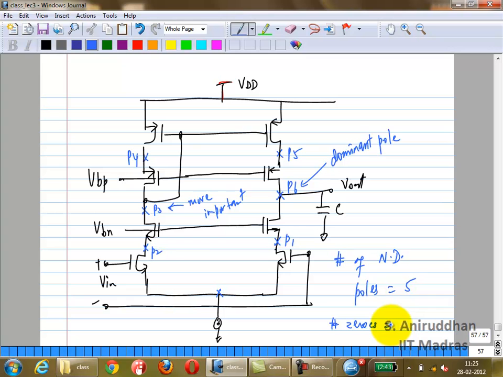Okay, let's come back to the question. How many zeros do you have? How do you create the zero, first of all? When you have 2 different paths, how do you create a zero? Different phase shifts. So what does different phase shift mean? Exactly, in this case, it's different number of poles.